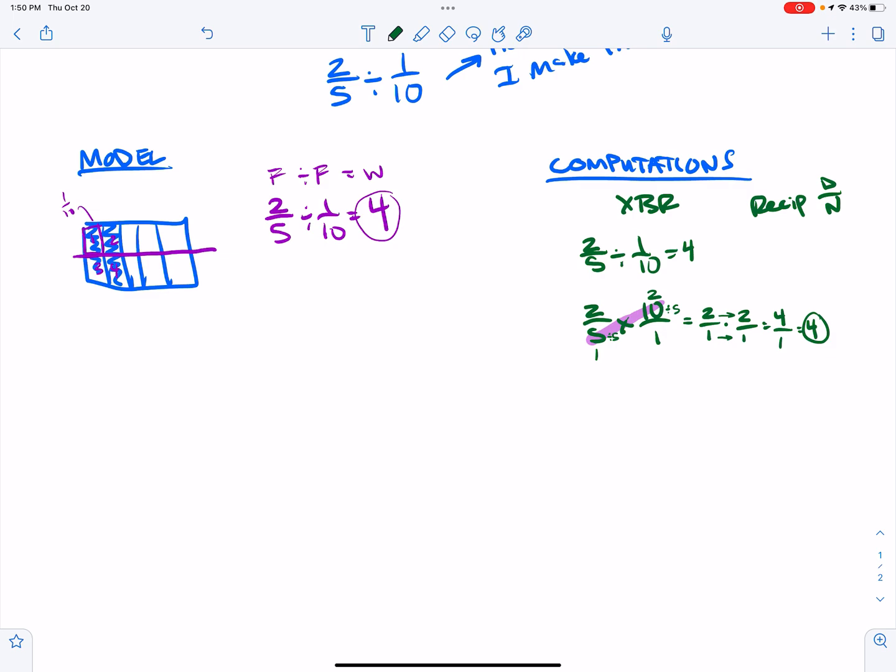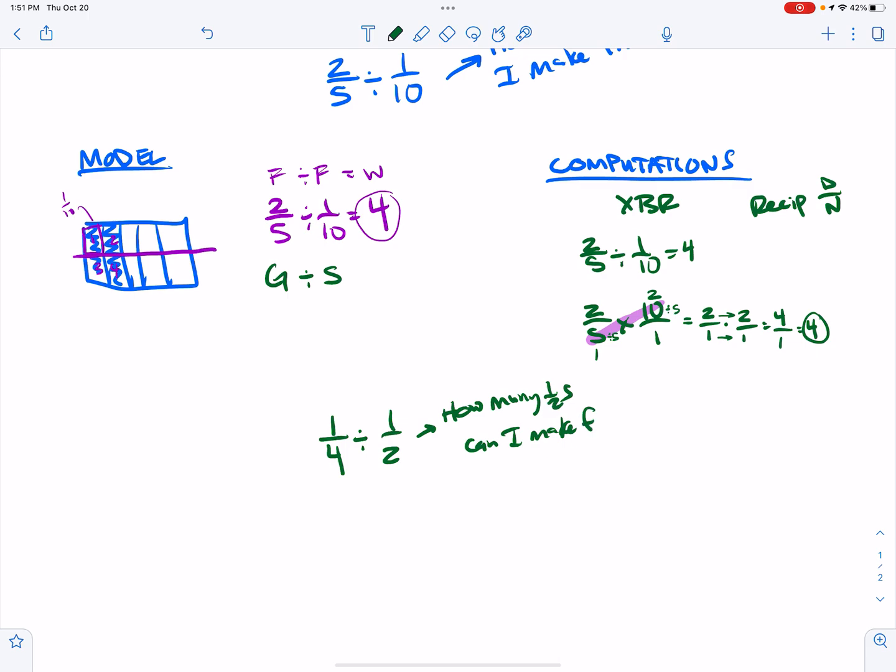Now, there are some times where the first fraction is not greater than the other fraction. Let's say you have 1/4 divided by 1/2, or how many halves can I make from 1/4?